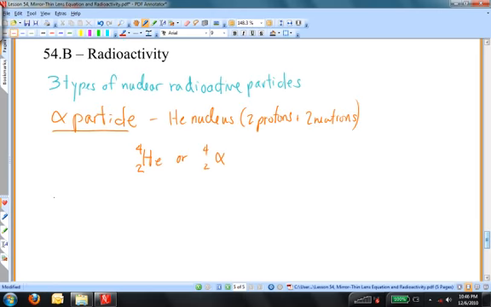Next comes the beta, and the beta particle is a bit more strange. It is a bit more variable than the alpha particle because there are two types of beta particles. One of them is called a beta minus, which is an electron. The other is a beta plus, which is a positron or an anti-electron, basically antimatter, a particle that's identical to the electron, but it has positive charge instead of negative charge.